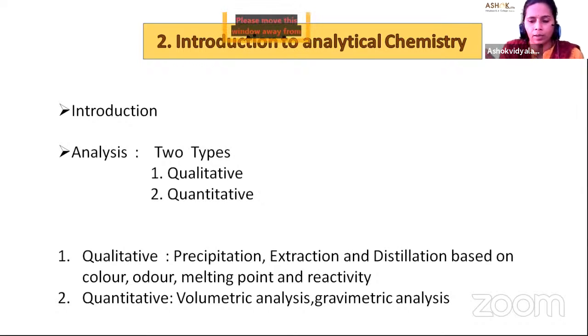Gravimetric is also a technique, where a solid substance is incinerated in a crucible and we find the quantity of the product at the end, its percentage yield, by the gravimetric analysis experiment. Now let's start with the chemical method of qualitative analysis. First method.